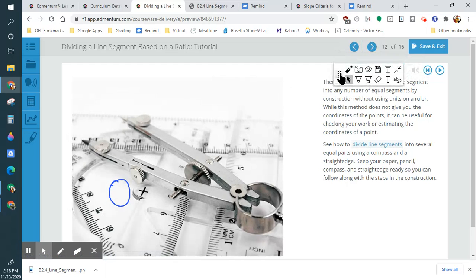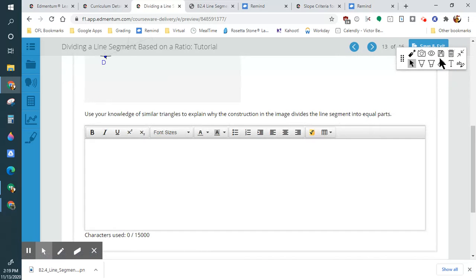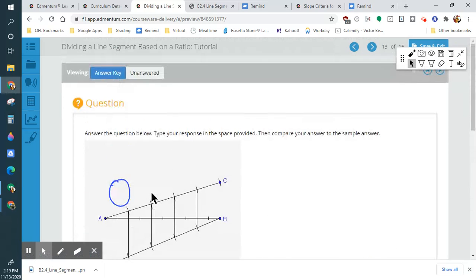All right, so this is a useful tool to divide up line segments in any ways that we want to do it. So let's practice this. Why is this not deleting this? Oh, different tool. This is my annotate tool.